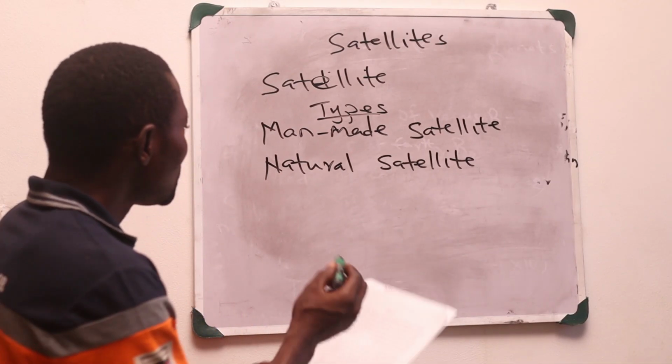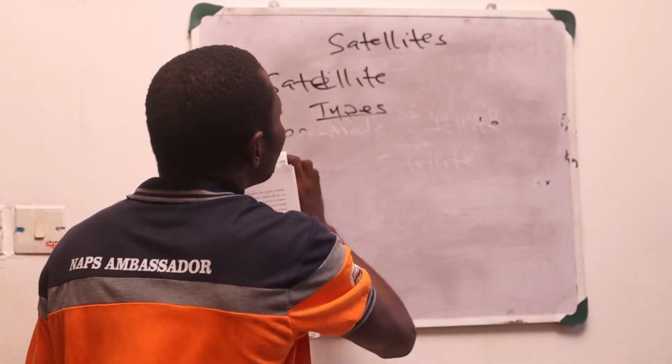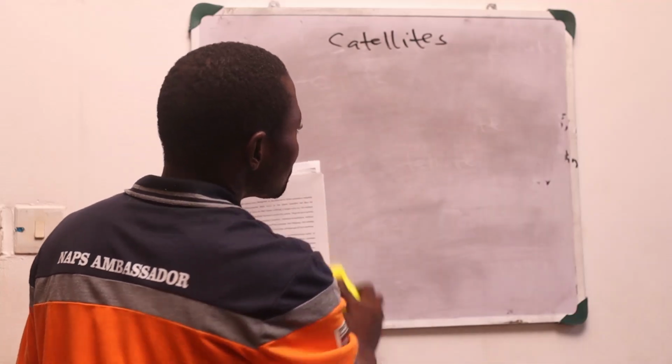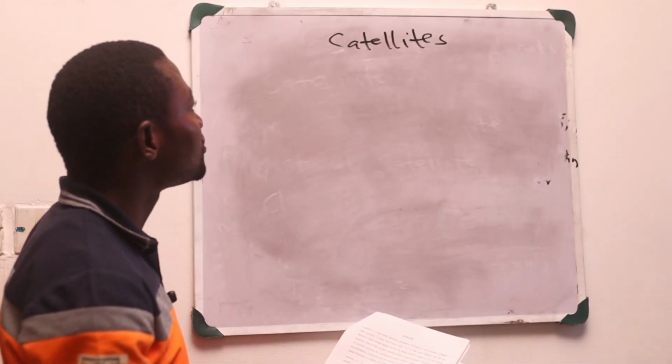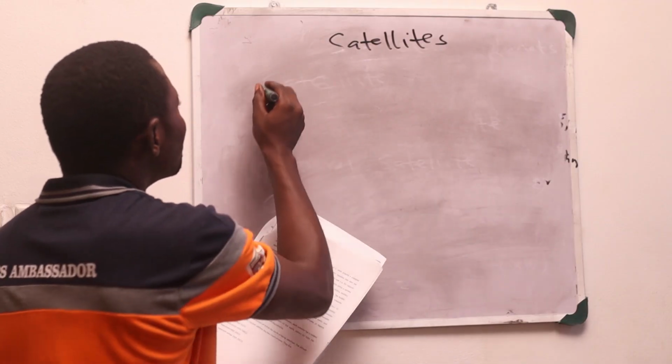Then, let's look at classes of orbit that each of these satellites move. The moment a satellite is being developed, the man-made one, it is launched into space.